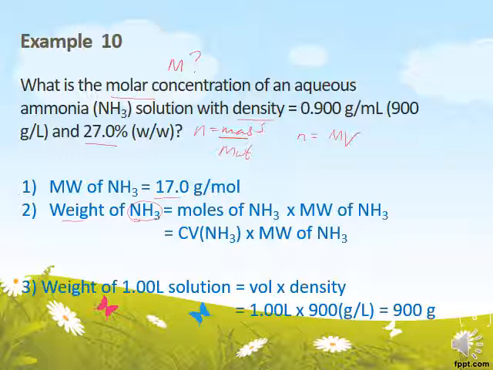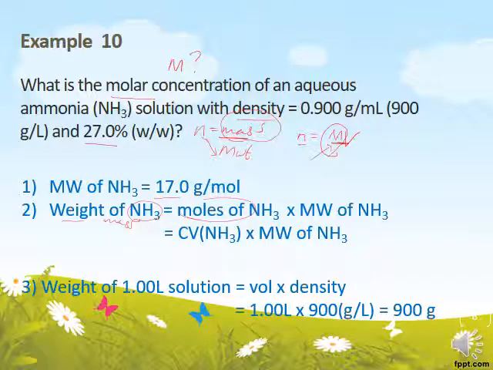We need to find the mass of ammonia. So mass here is equivalent to number of mole times molar mass, and number of moles here can be found from molarity times volume, and this is the unknown question that we need to solve.